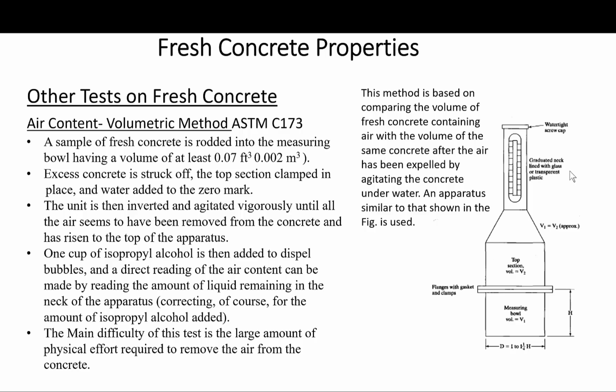One cup of isopropyl alcohol is then added to dispel bubbles, and a direct reading of the air content can be made by reading the amount of liquid remaining in the neck of the apparatus, after correcting for the amount of isopropyl alcohol added. The main difficulty of this test, though, is the large amount of physical effort required to remove the air from the concrete. Nonetheless, it is used and can be done.